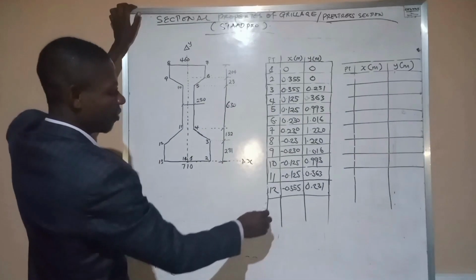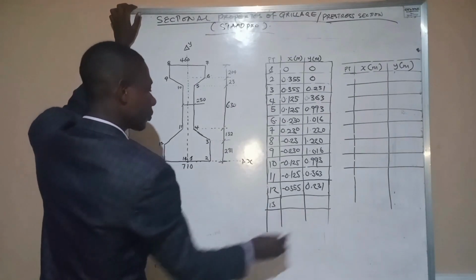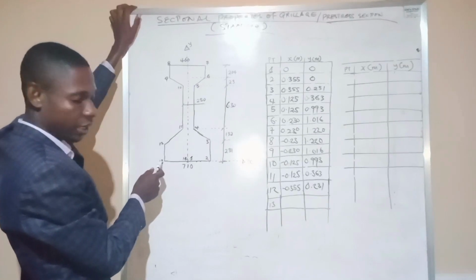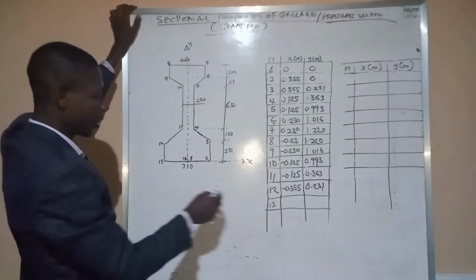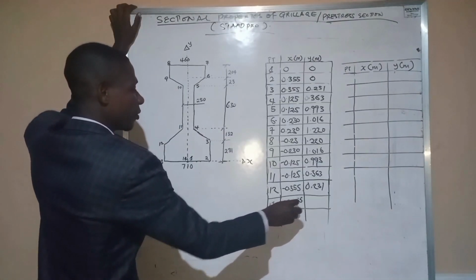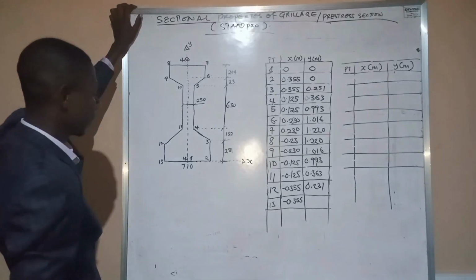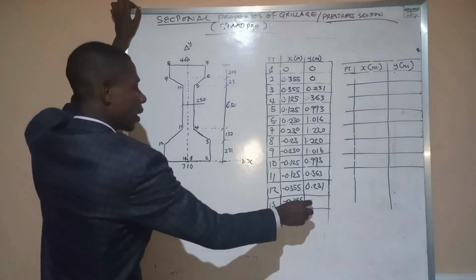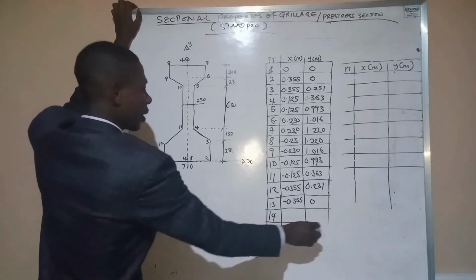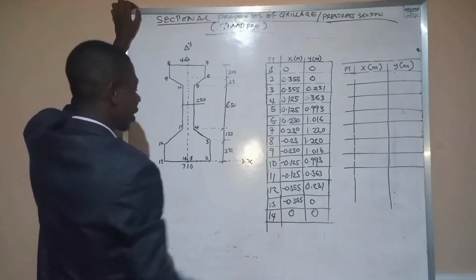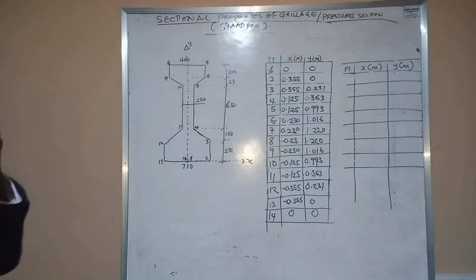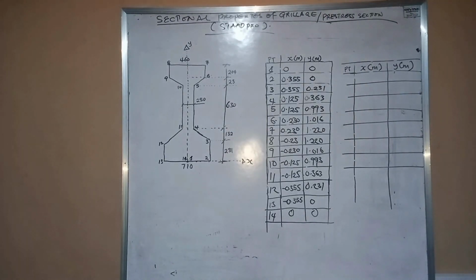At point 13, if we add it here, we're going to have x minus 0.355, then y here to be 0. Okay, now let's look at point 14, which is the last point. Here will be 0, here will be 0 at point 14. So this gives us the total coordinates of this precast I section.